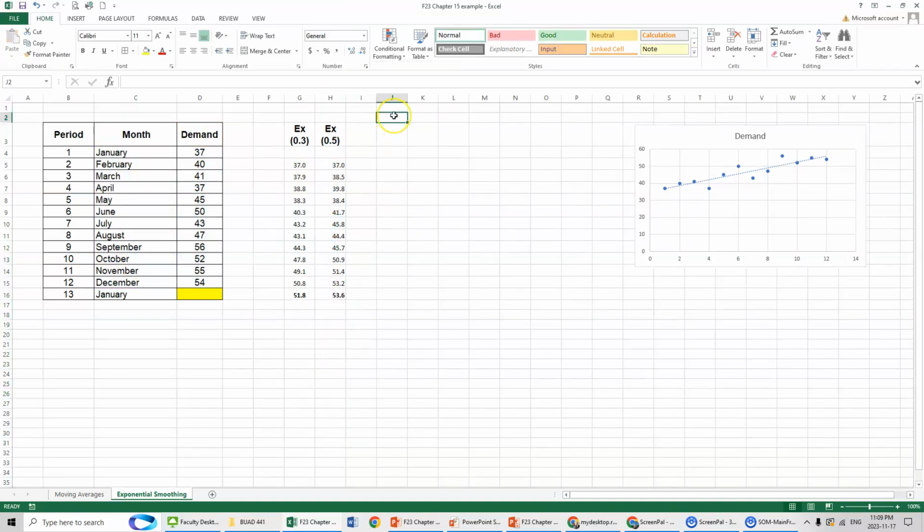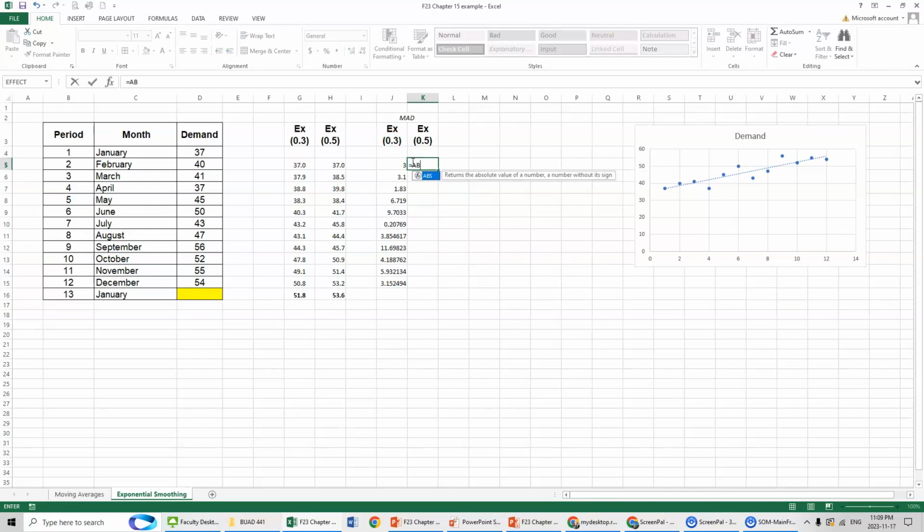Let's calculate the mean absolute deviation for both of these methods. With this one, it's the absolute difference between forecast and demand, and we can just copy and paste that down. Same thing with this one: the absolute difference between demand and forecast.